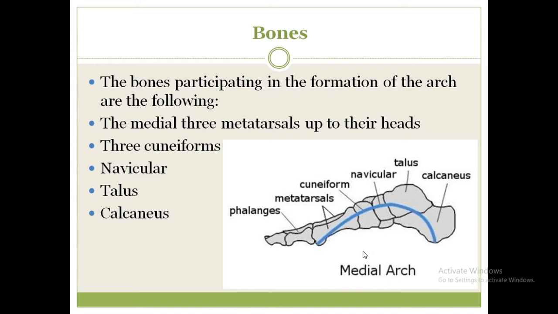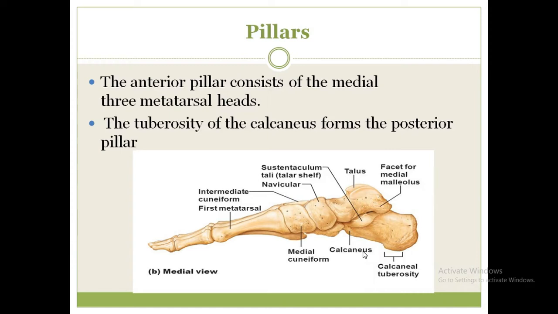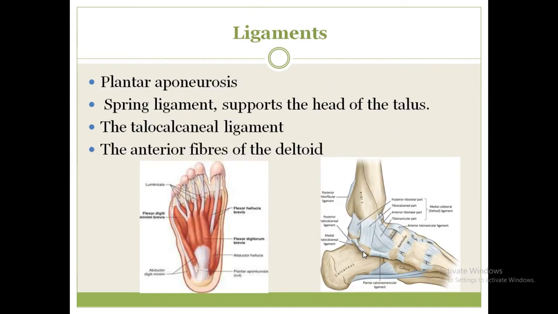Then the medial longitudinal arch rests on two pillars. Anteriorly lie the medial three metatarsals up to their heads, and posteriorly would be the calcaneal tuberosity. Then the arch is supported by ligaments and muscles.